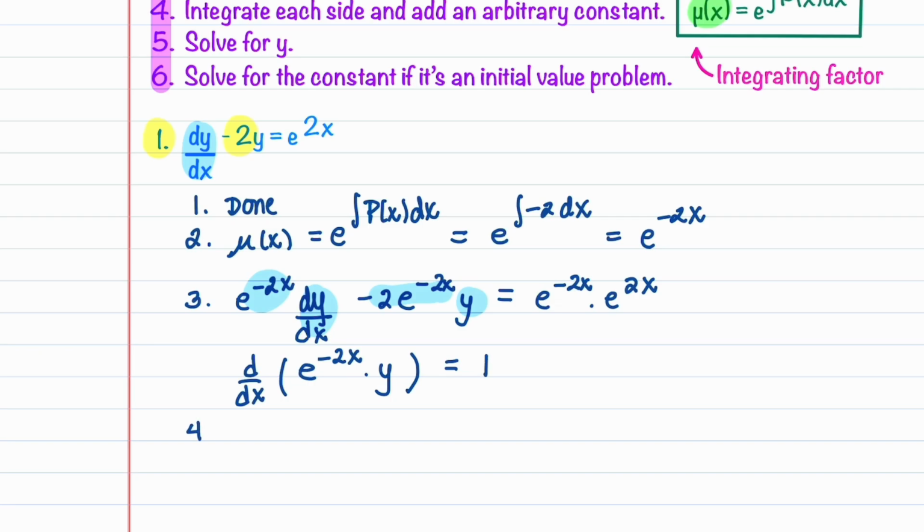For step 4, what we need to do now is integrate each side and add on our arbitrary constant. We have the integral of the derivative with respect to x, e to the minus 2x times y dx. And on the right-hand side, we have the integral of 1 times dx.